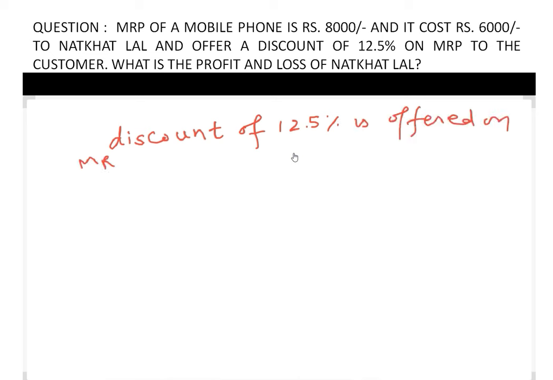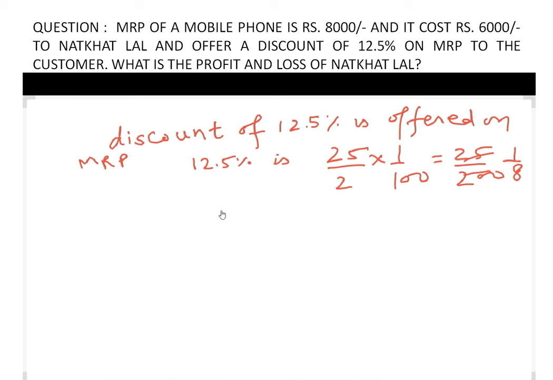So in this solution we will see 12.5% is 25 by 2 into 1 by 100. So it will come out to be 1 by 8. Means on an MRP of 8 rupees there is a discount of 1 rupee.